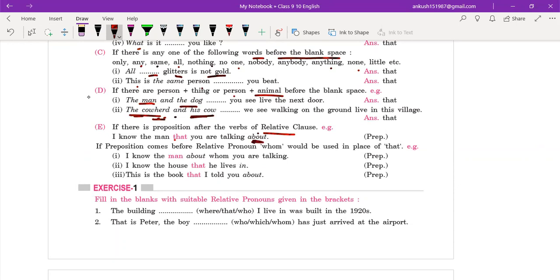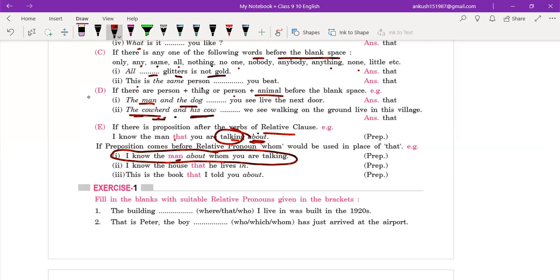After the verb talking, the preposition is used at the last. So in this case, that is used. I know the man that you are talking about. I know the man about whom you are talking. See, this sentence can be changed to this if you are using about immediately after the noun.